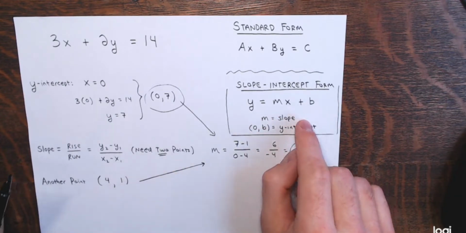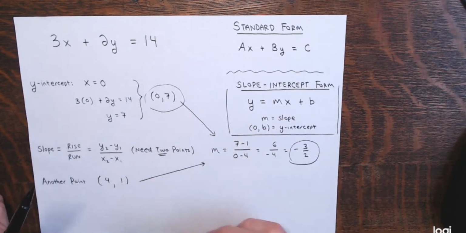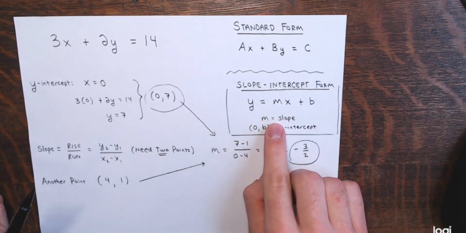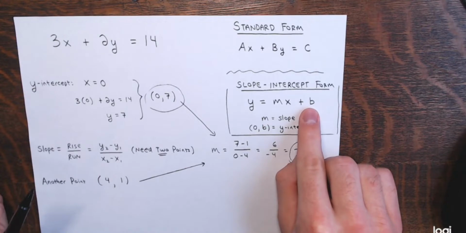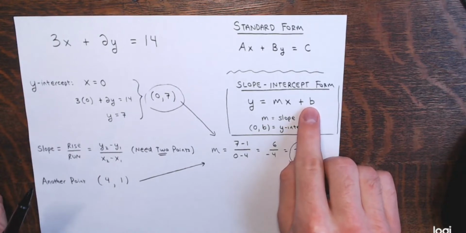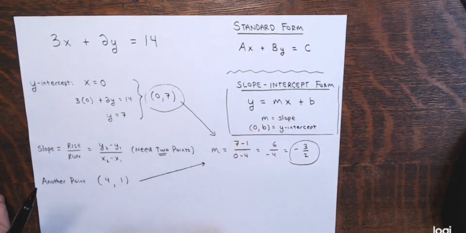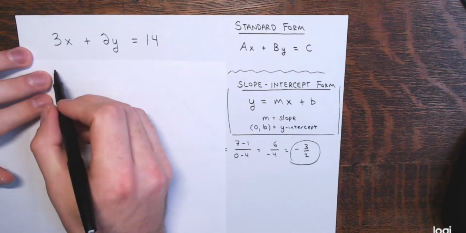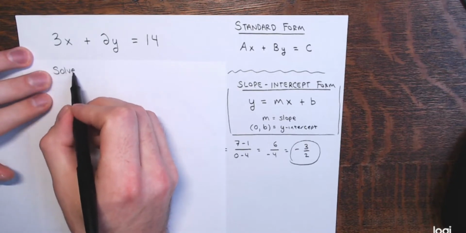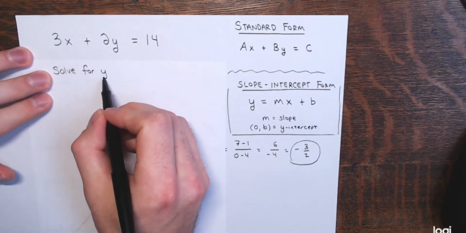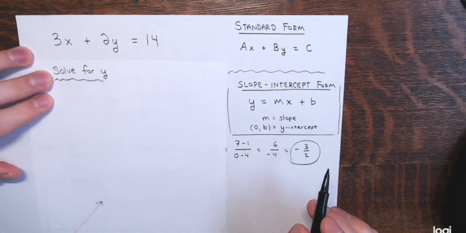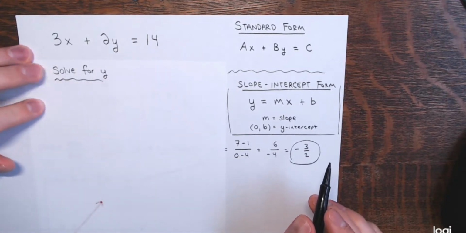Once you've done this, then the coefficient of the x, the number attached to the x, will be the slope, and then the constant term, the number being added after the x term, will tell you what the y-intercept is. Alright, so let's do that. So let's take the equation we were given and let's just solve for y. And, of course, simplify our final answer. And once you do this, the equation will be in slope-intercept form.